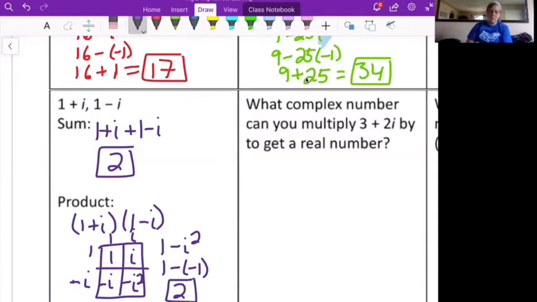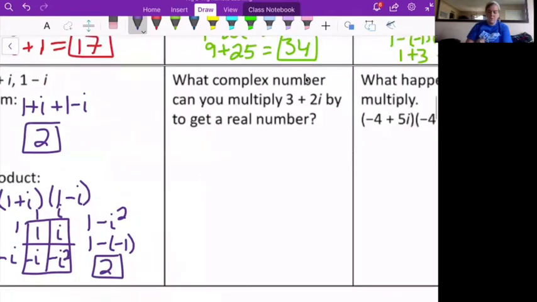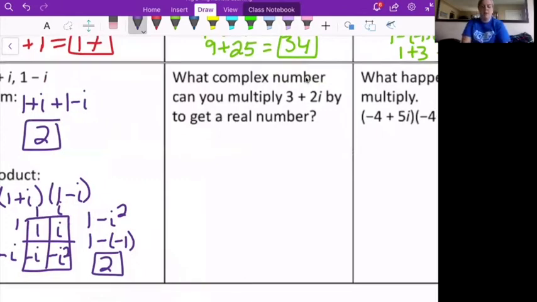Okay, so what complex number can you multiply 3 plus 2i by to get a real number? I ask the unanswering crowd. Blink, blink. This is just like teaching a real class with no answer coming to me.